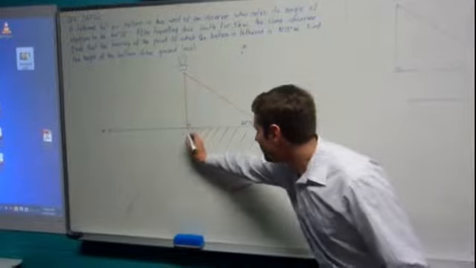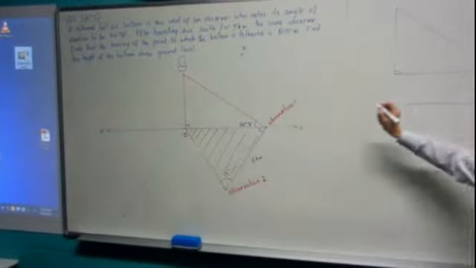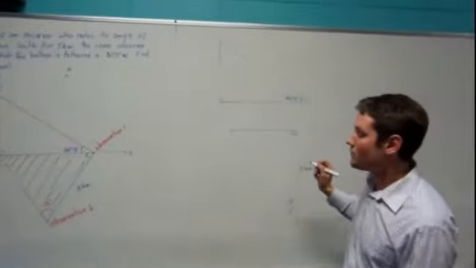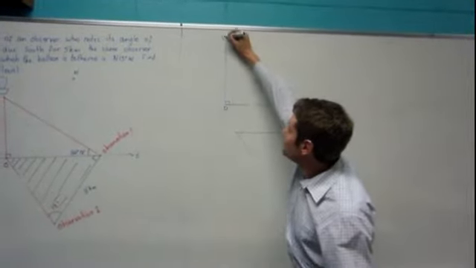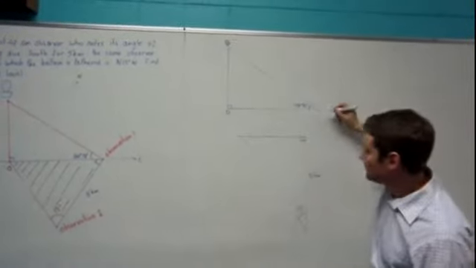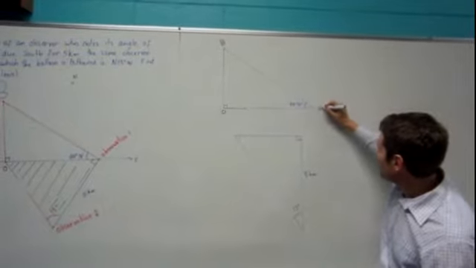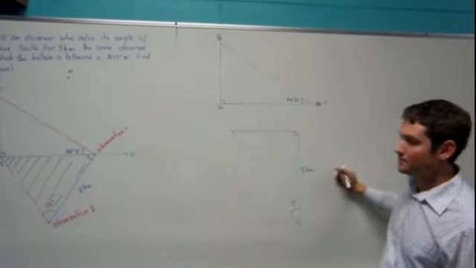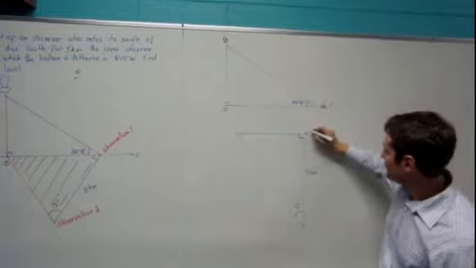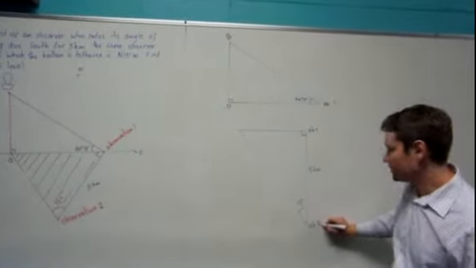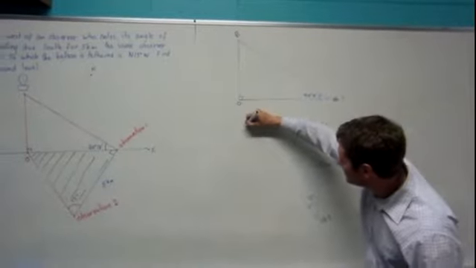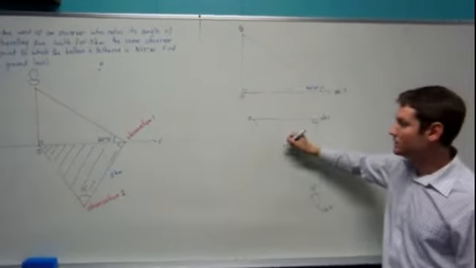If we call the tether point O, our triangles would be labelled in the following way. O, we'll call that B for balloon, this is observation 1, observation 2, and back to the O for the tether point.